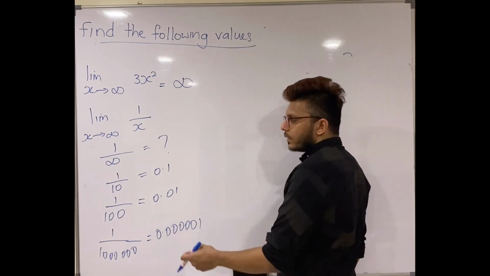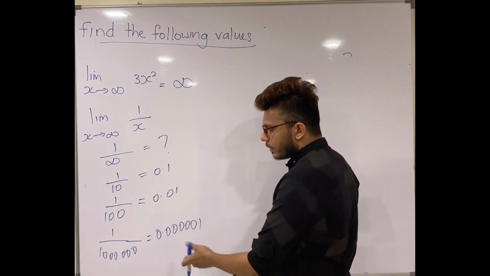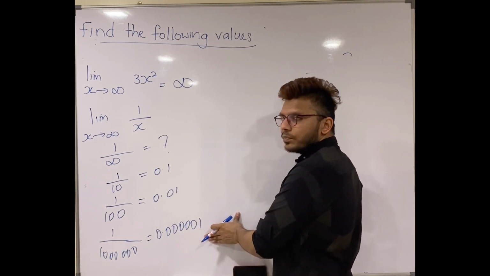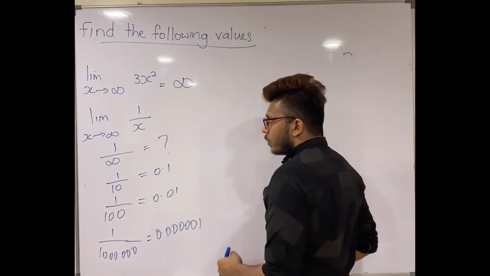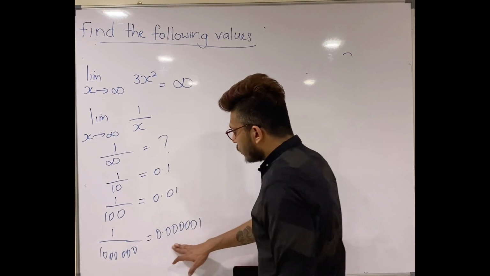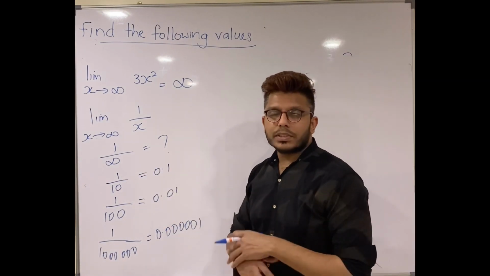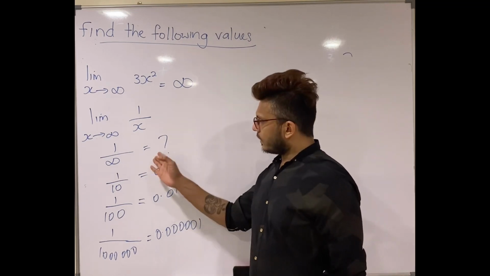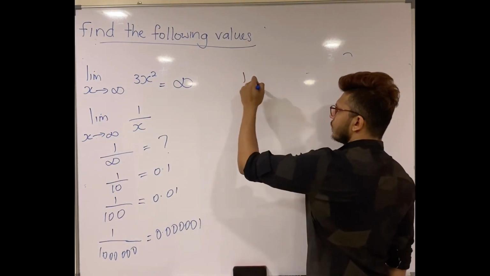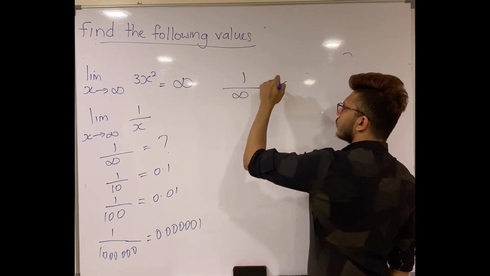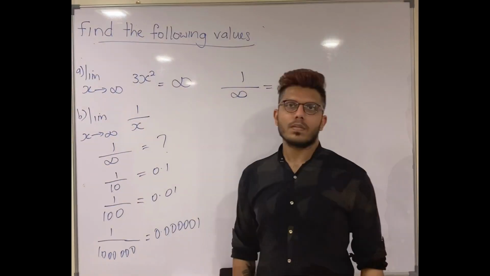Do you realize the bigger the denominator gets, the answer is approaching 0 and it's getting much, much closer to 0. So imagine if for 1 million it's already so close to 0, what more when you have infinity, a number which is extremely large? So the answer is definitely going to be equals to 0. Easy.